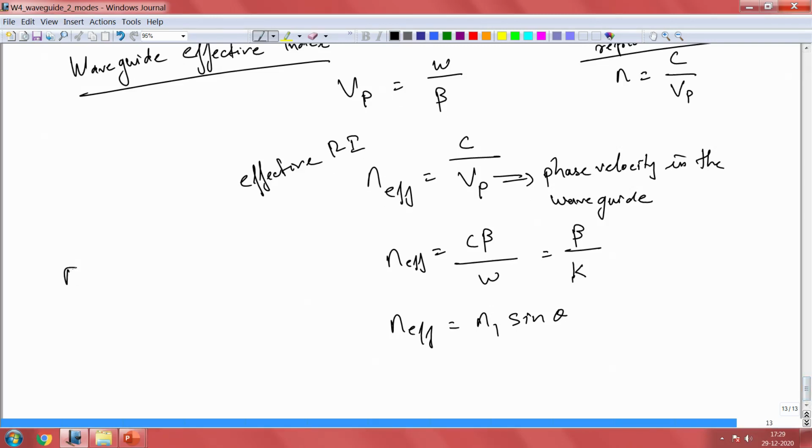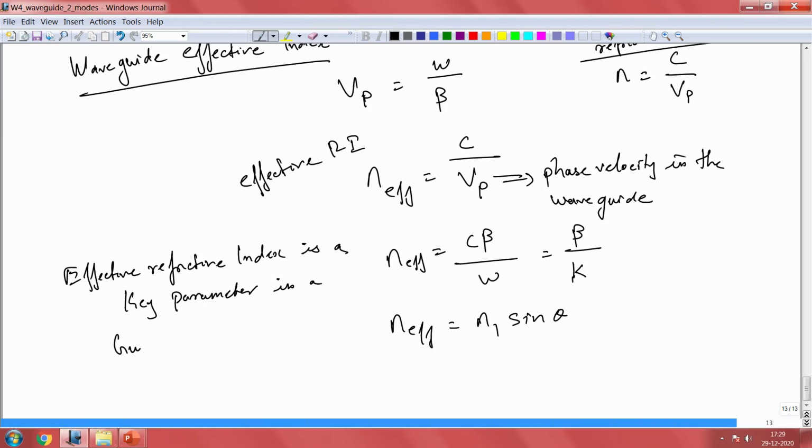Effective refractive index is a key parameter in guided propagation.